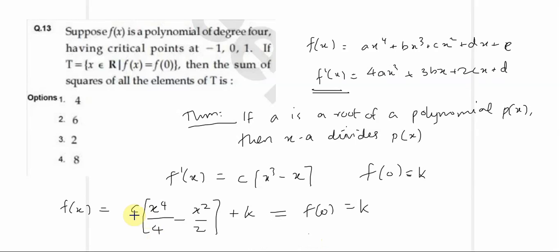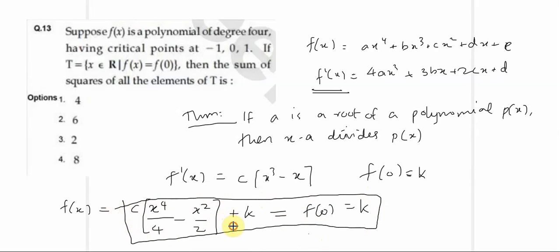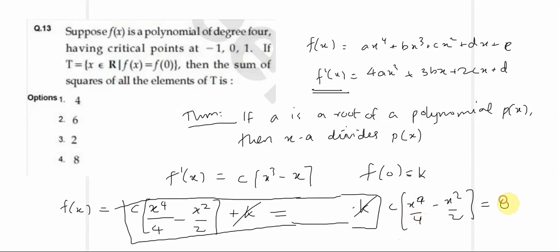Okay, then we just consider this one now. We cancel k from both sides. Then what we have left is c times x power 4 by 4 minus x square by 2 equal to 0.